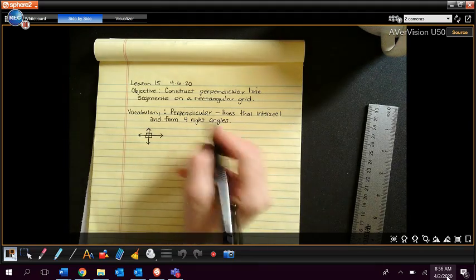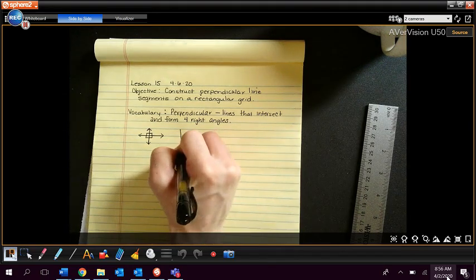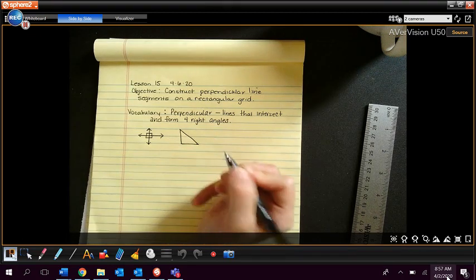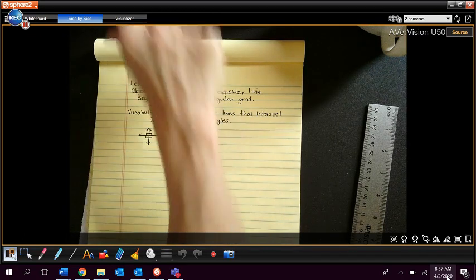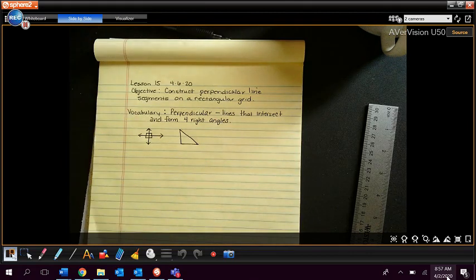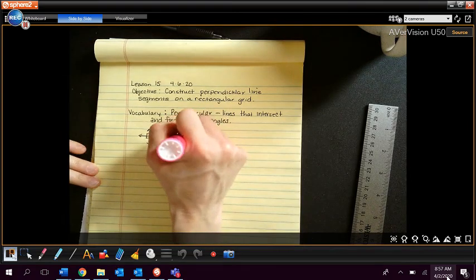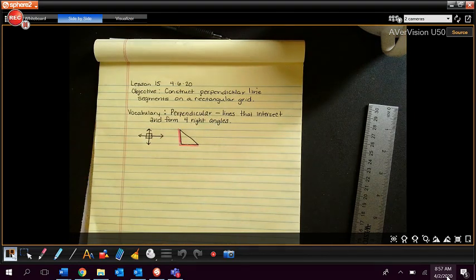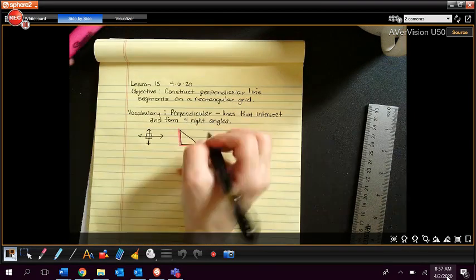Now I'm going to give you another example. Let's say you have a right triangle. I'm going to highlight the line segments really quick so you're able to see. These line segments right here are perpendicular.